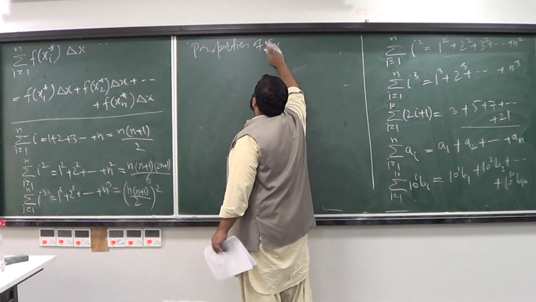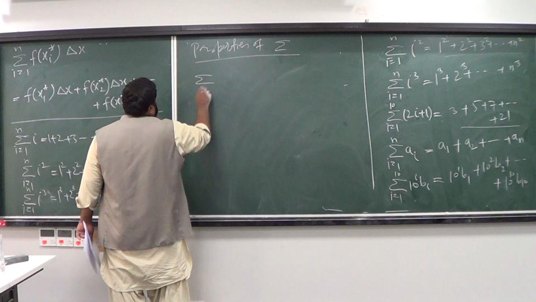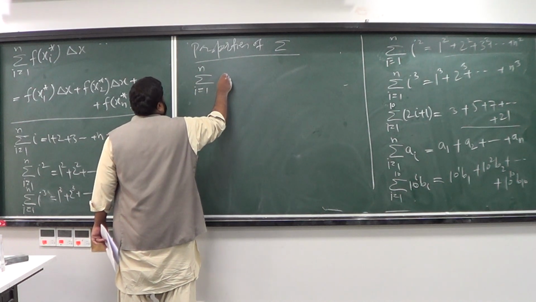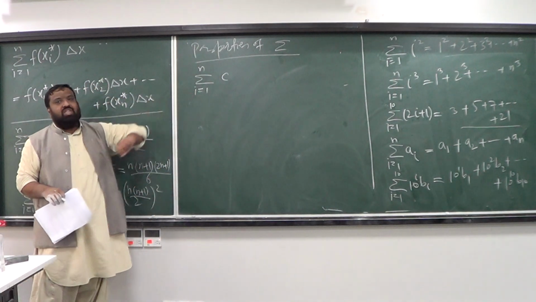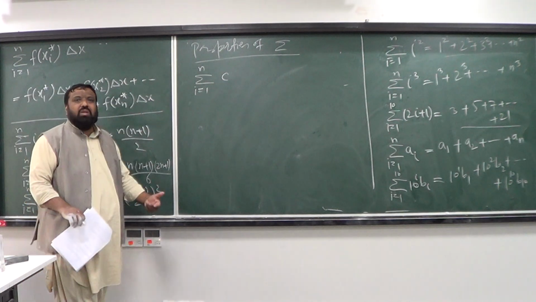Properties of this sigma. First, if you want to sum, i equal to 1 to n, something in which there is no index involved, so there is no i in it, what does that mean?